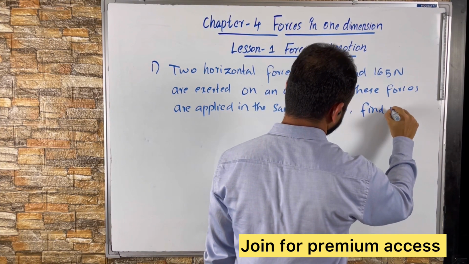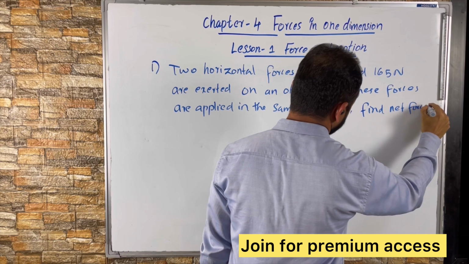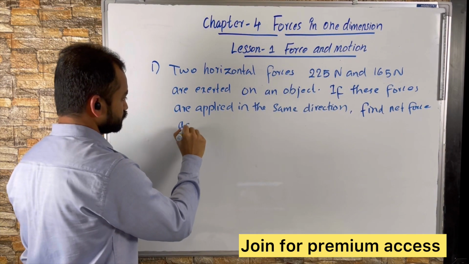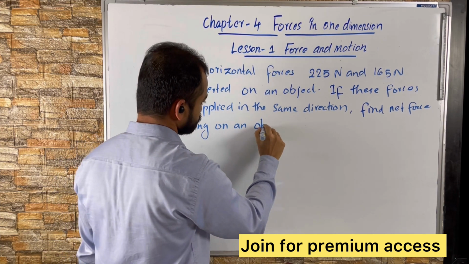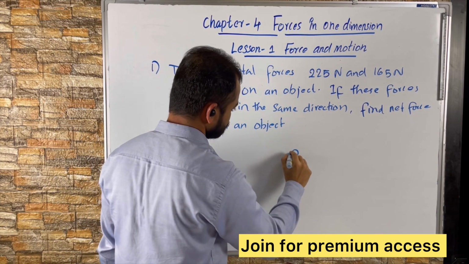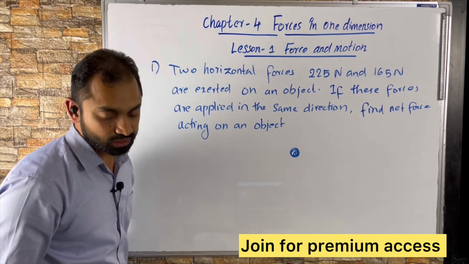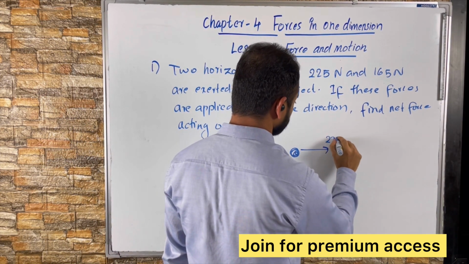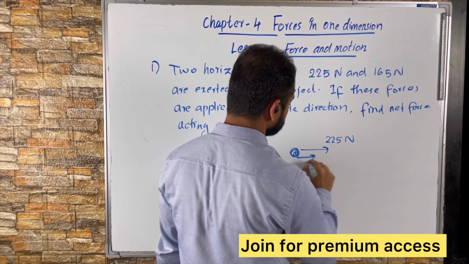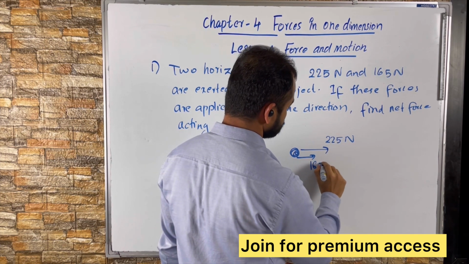Find net force acting on an object. Very easy question. There is an object here and 2 forces are acting, right? What are the 2 forces? 225 Newton and 165 Newton.